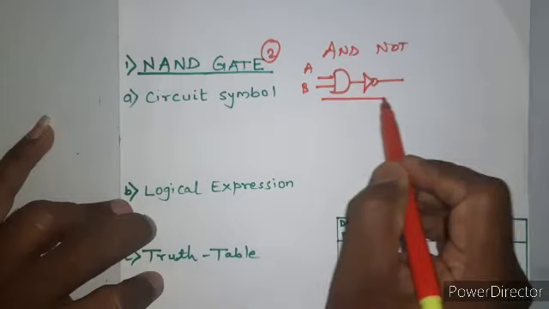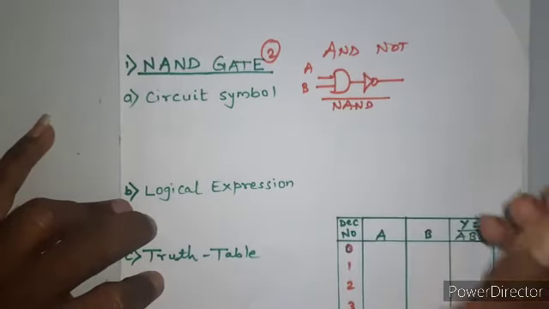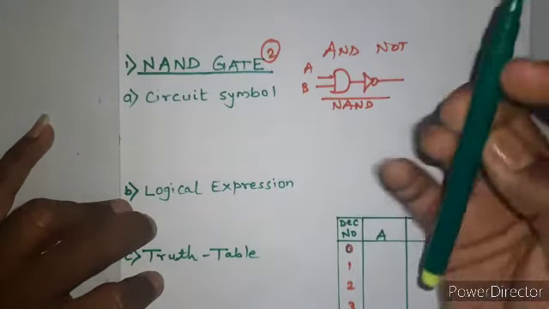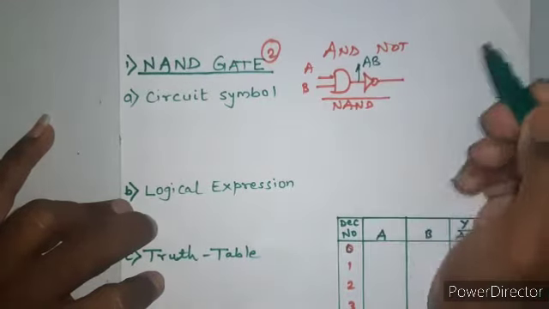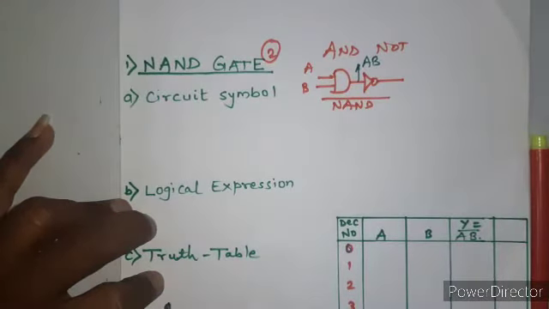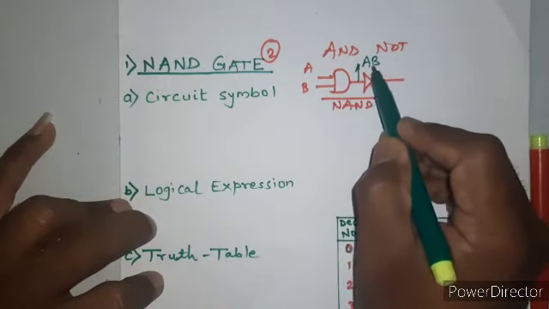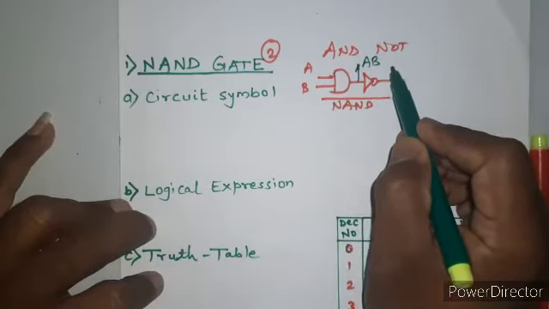Now this complete becomes our NAND gate. Here we get AB, because what is the equation for AND gate? It is A into B, A and B, A dot B, or simply AB.